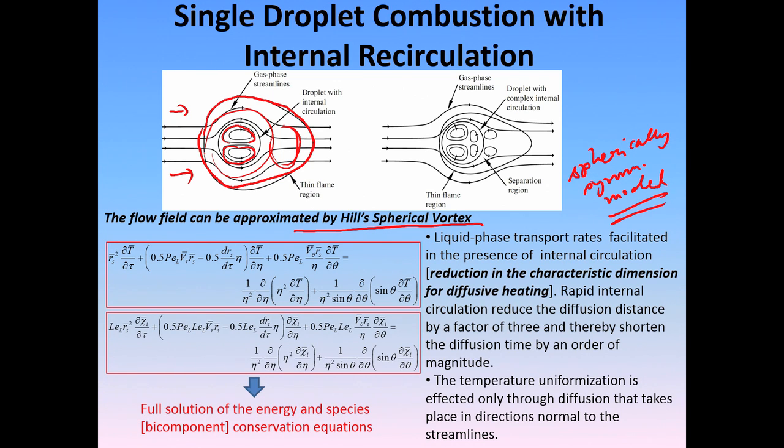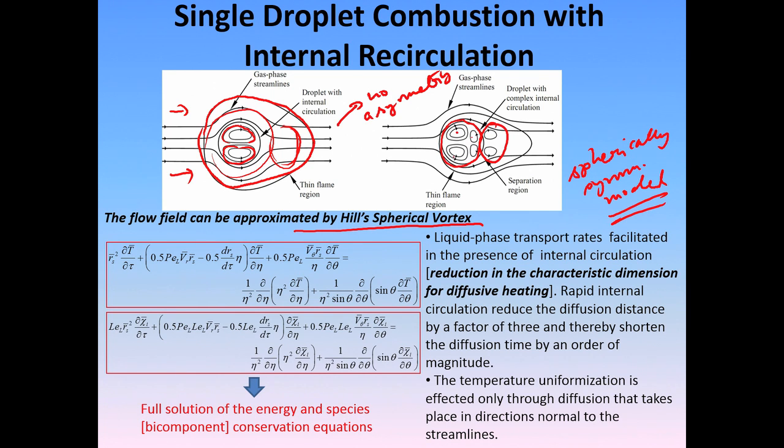You can have certain cases where this does not take into account separation. There is no separation, there is no fore and aft asymmetry of the droplet, so to say. So, there is no asymmetry. The moment there is asymmetry that you create because of the separation, this is a separation bubble that you create in the aft of the droplet. The recirculation structure is a little bit more complicated.